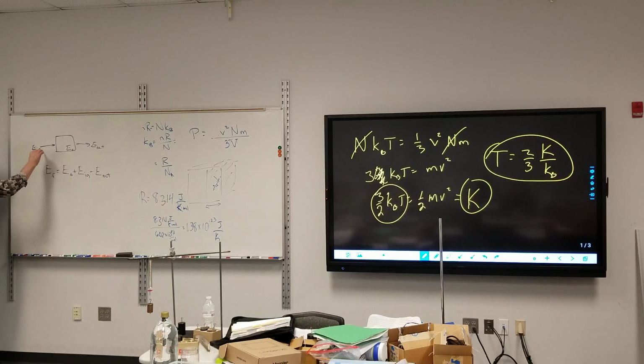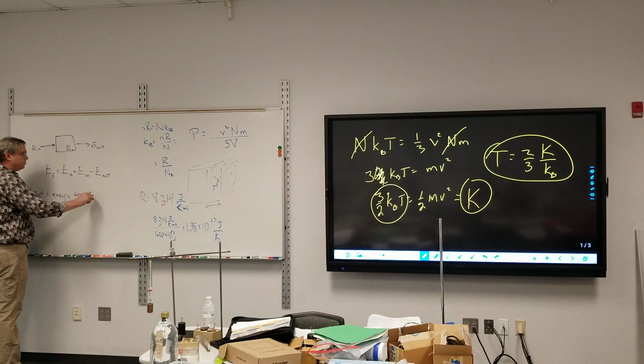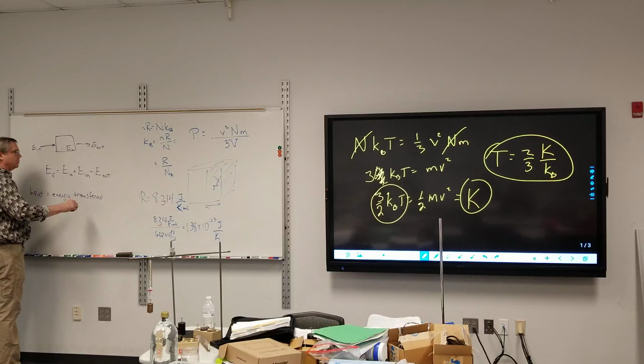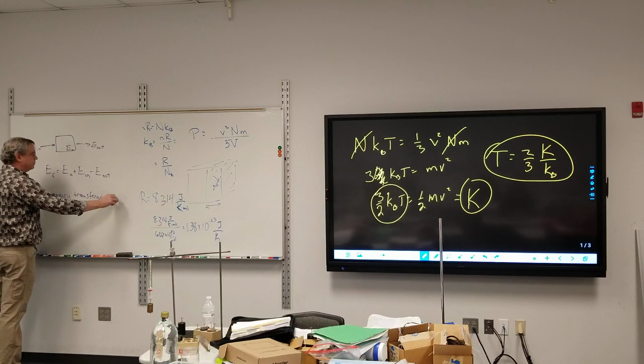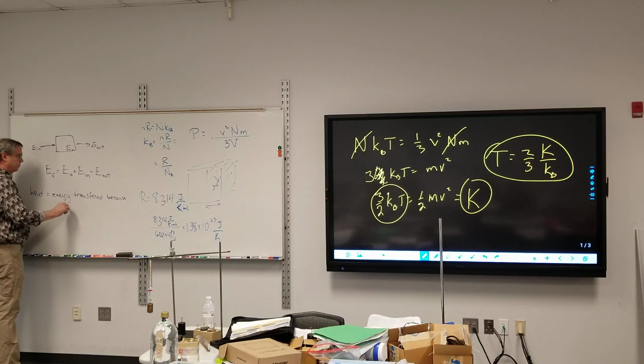When I have energy being transferred from one system to another because of temperature differences, that is what we call heat. So heat is the energy transfer. Heat equals energy transferred because of temperature differences.